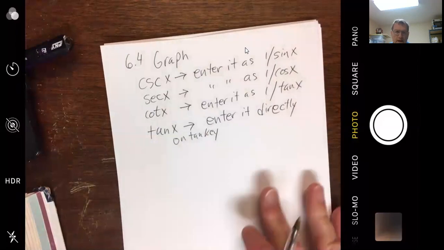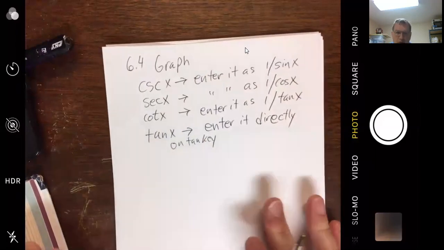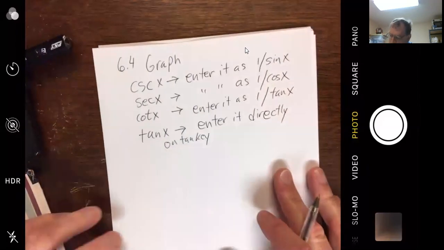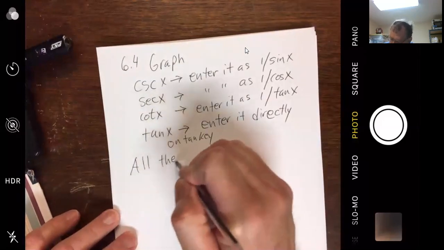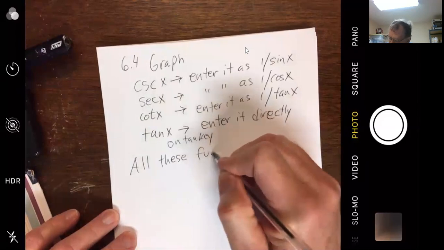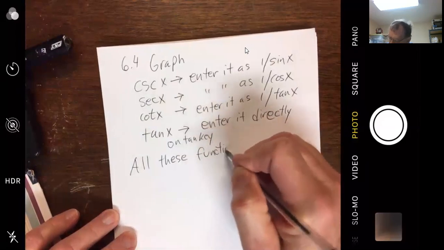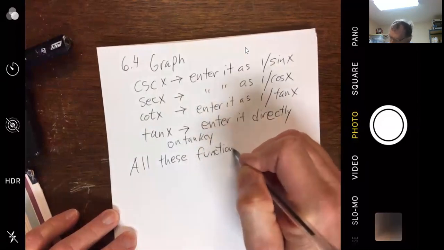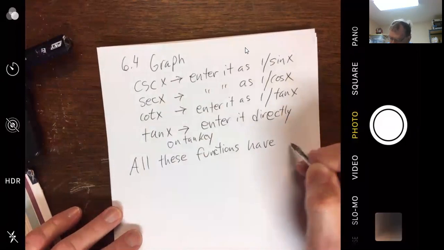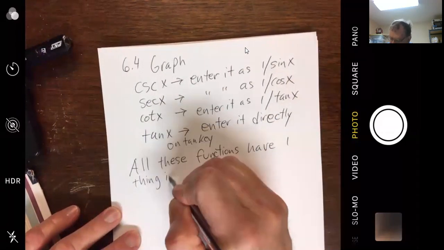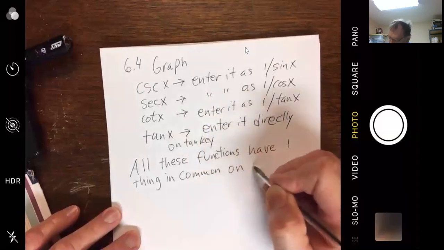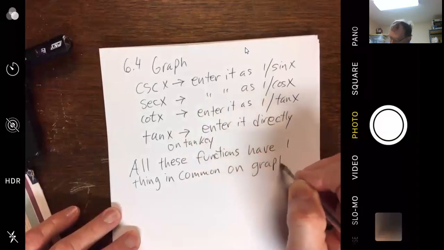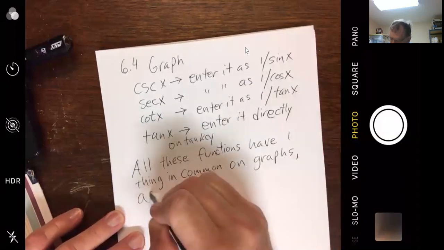All these functions have one thing in common on their graphs: asymptotes.